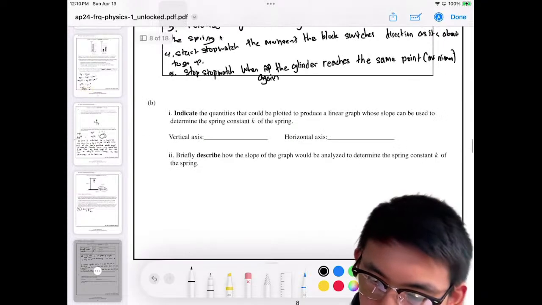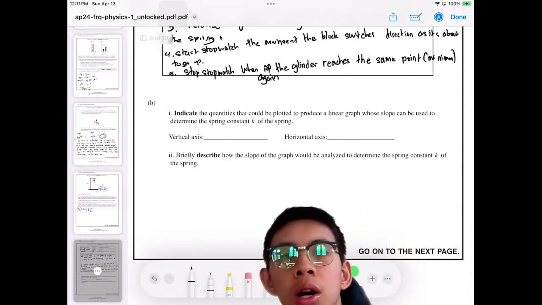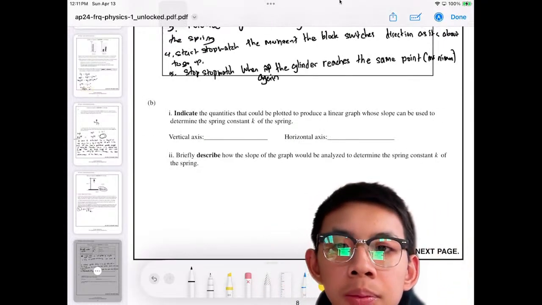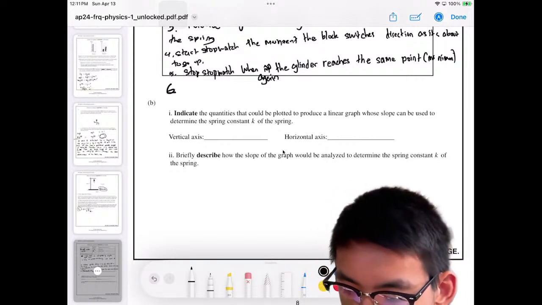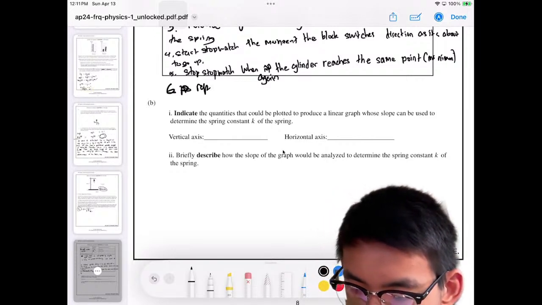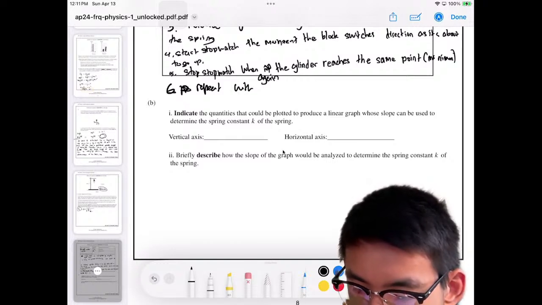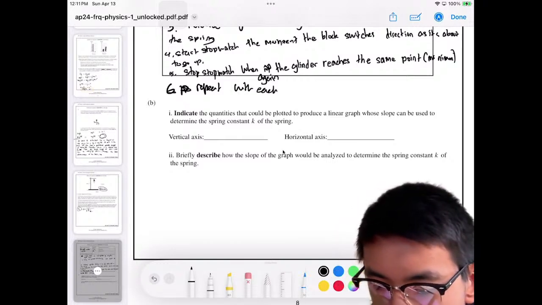All right. Okay, then indicate the quantities. Did I do this right? Let's see. And then repeat with each cylinder.